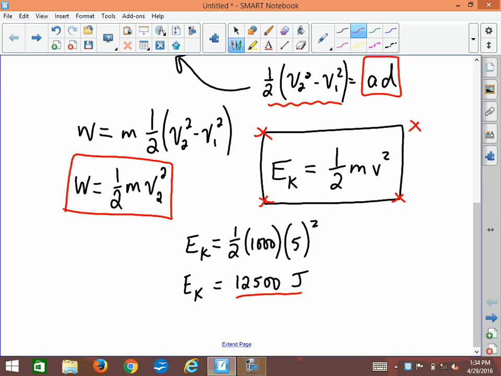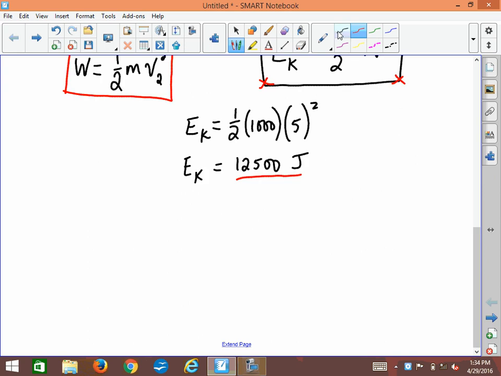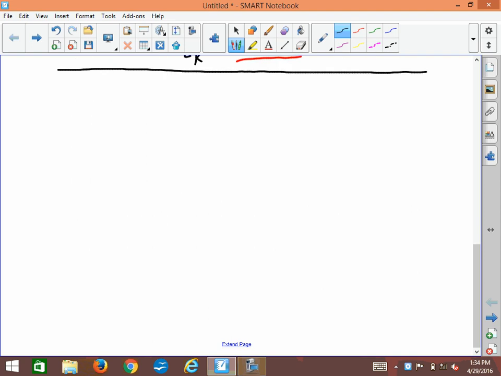But what happens if the object doesn't start at 0? What if we want to increase the speed of an object? So let's now imagine a car is moving at 5 meters per second.